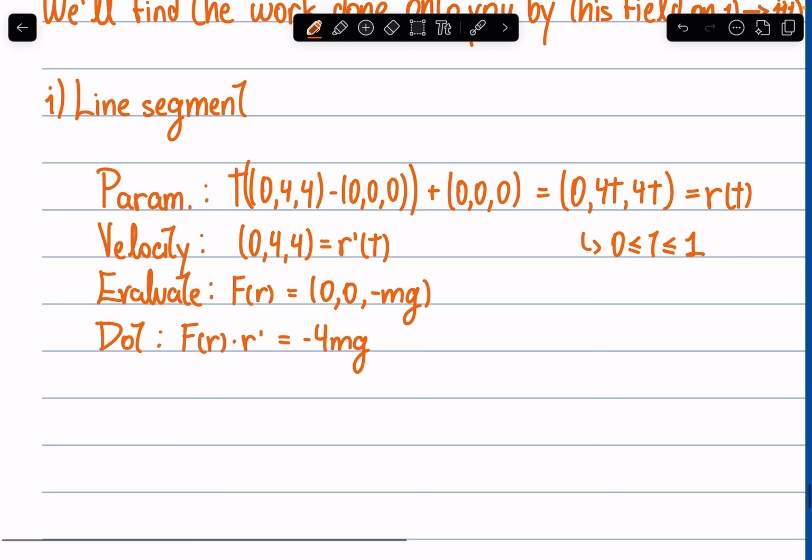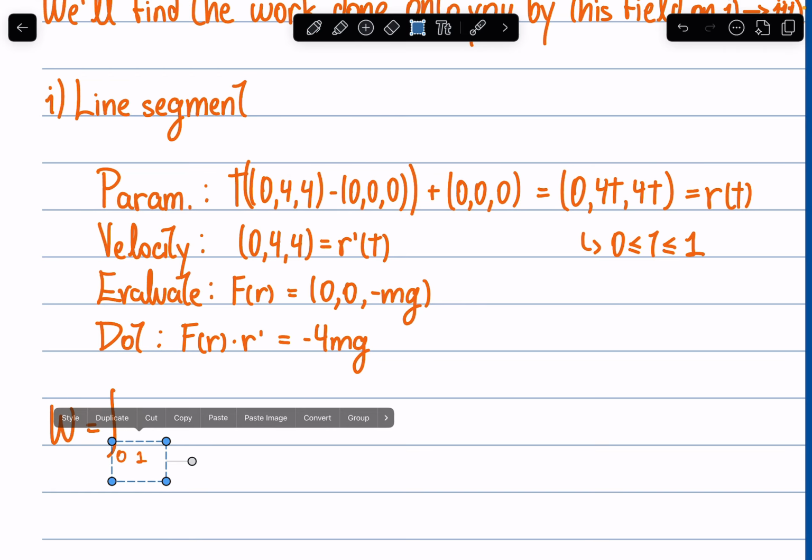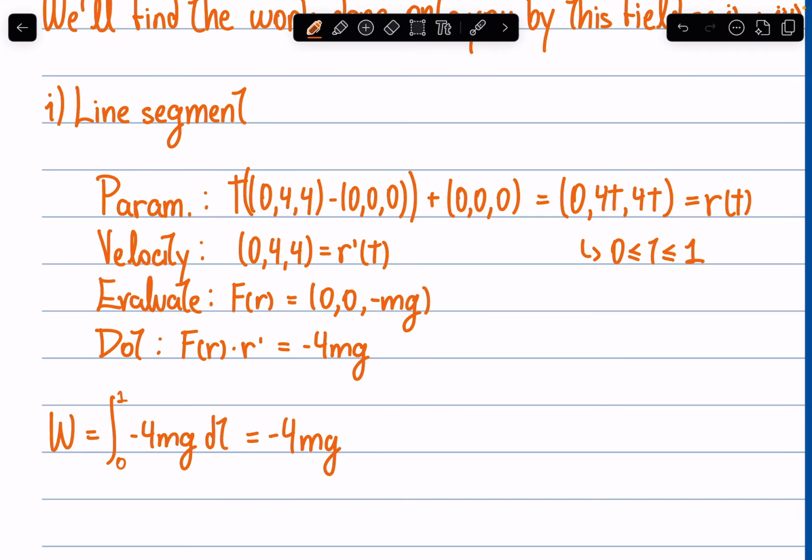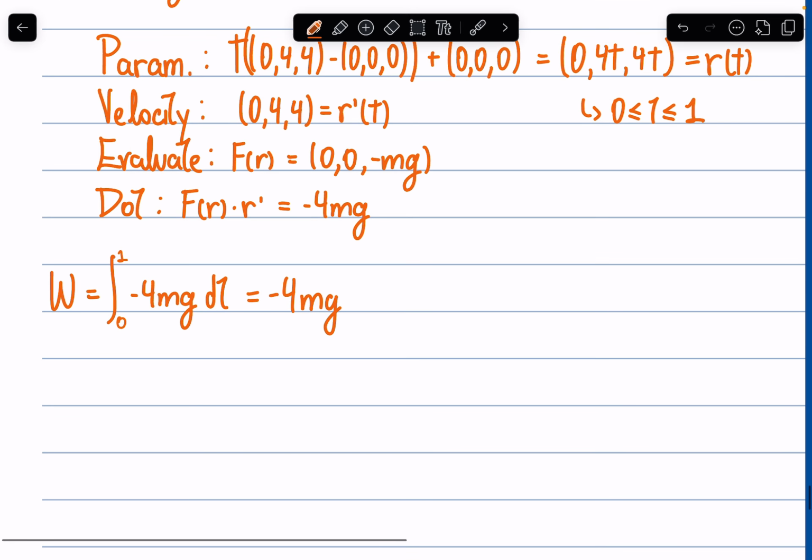Finally, we integrate. The work is the integral from 0 to 1 of the resulting dot product, but this is just negative 4mg. Please hold this result in your memory.